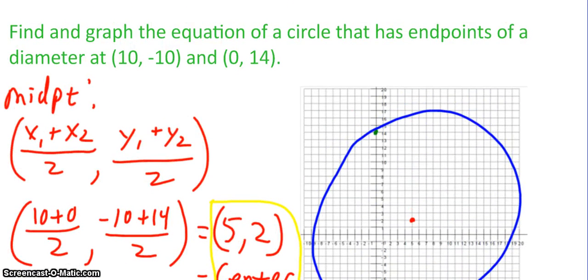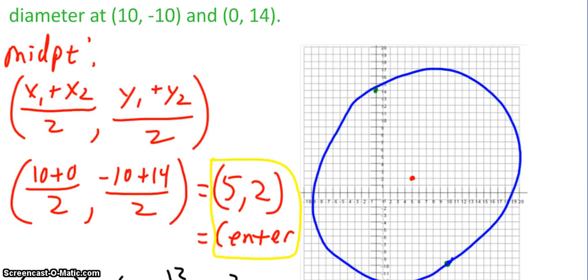Now another thing to point out, well, what if you had forgotten the midpoint formula? Well, you could have done something similar to what we did on the last problem and drawn a giant right triangle, used the Pythagorean theorem to find the diameter, and divided that in half to find the radius.